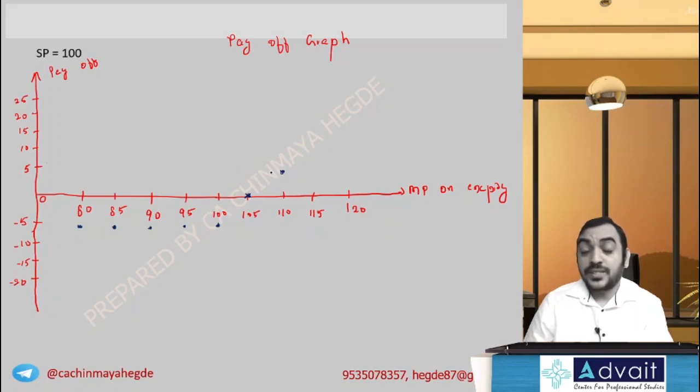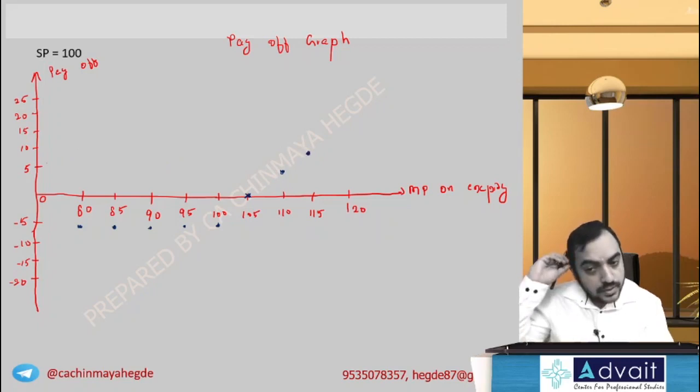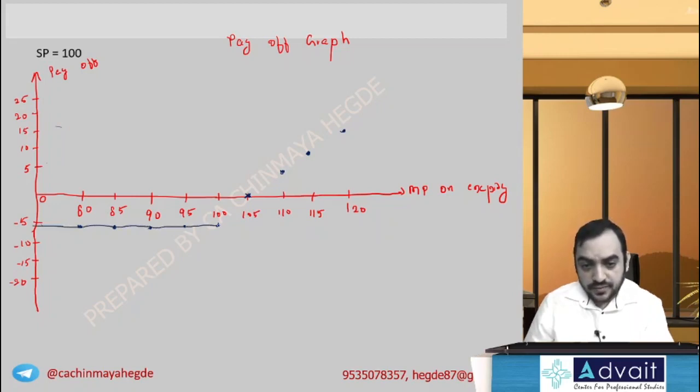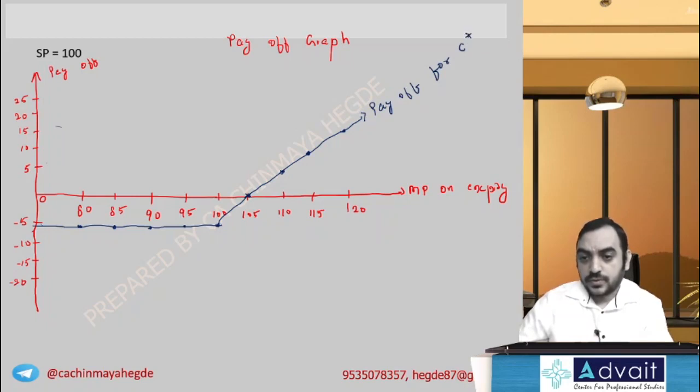We are representing the payoff, the overall profit. At 115, we get 10, and at 120, we get 15. If we join, it looks like a flat line and then upward. So this is the payoff for the call option holder, C plus.